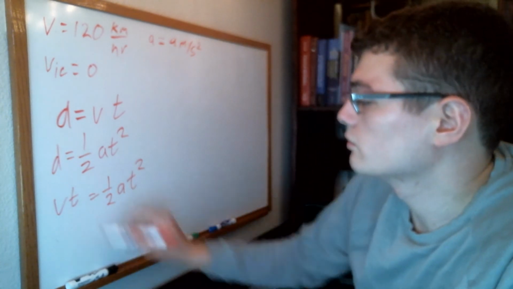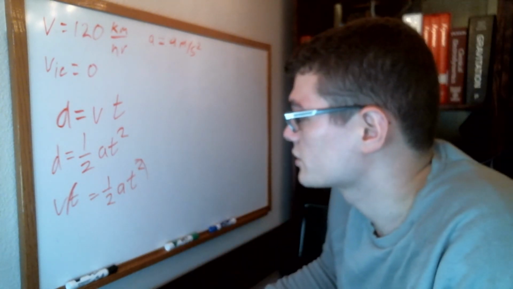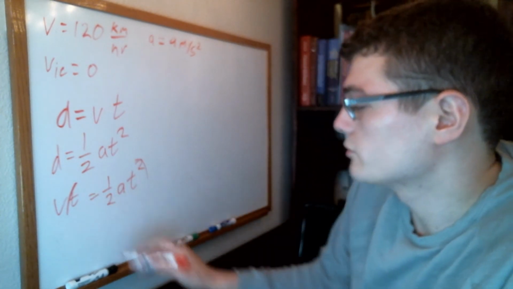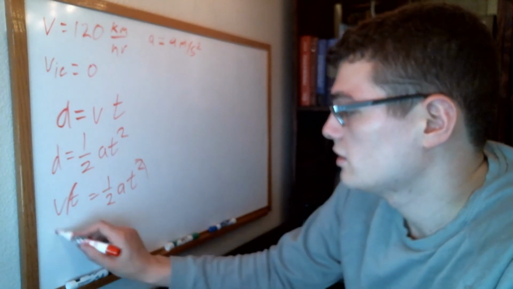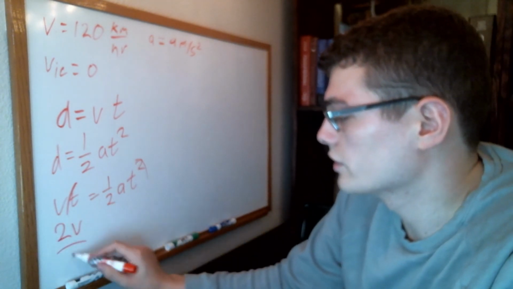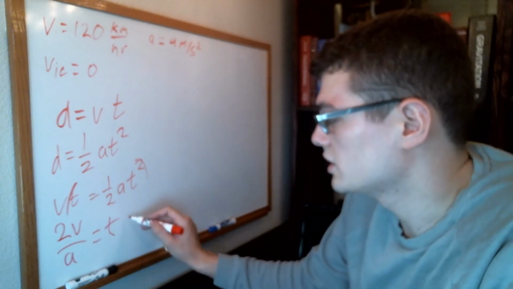And so we can cancel out one of our t's, get rid of the square on that side, multiply both sides by 2, and then divide by a. So we're going to have 2v over a is equal to t.